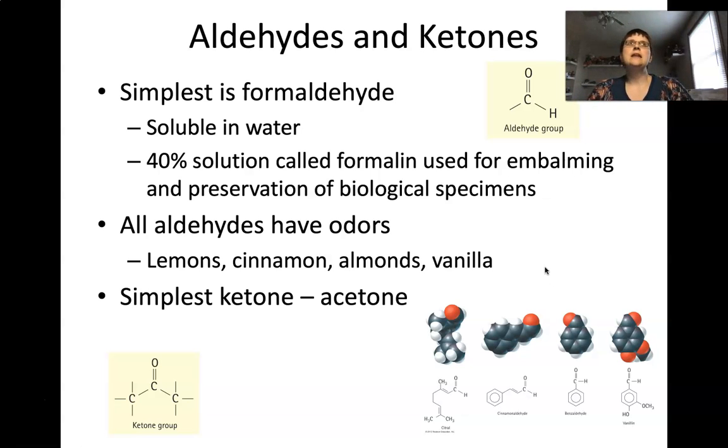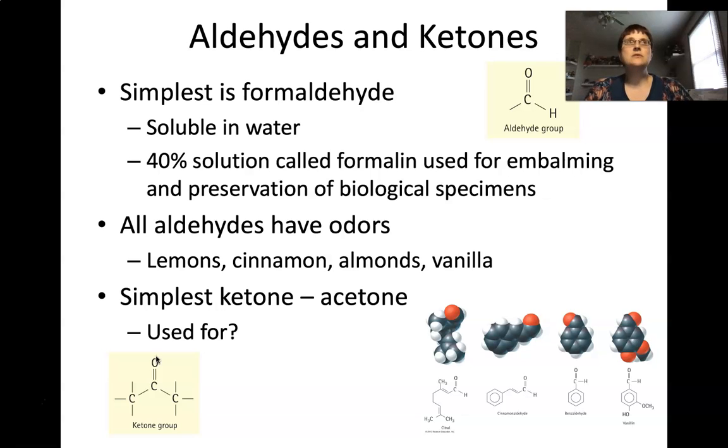All right, the next one is ketones. So ketones, you can see down here. They have hydrocarbons with a double bonded oxygen. Similar to aldehydes, it's just that they only have the double bonded oxygen, not the additional hydrogen. The simplest version of the ketones, and the one that you're most familiar with, is acetone.